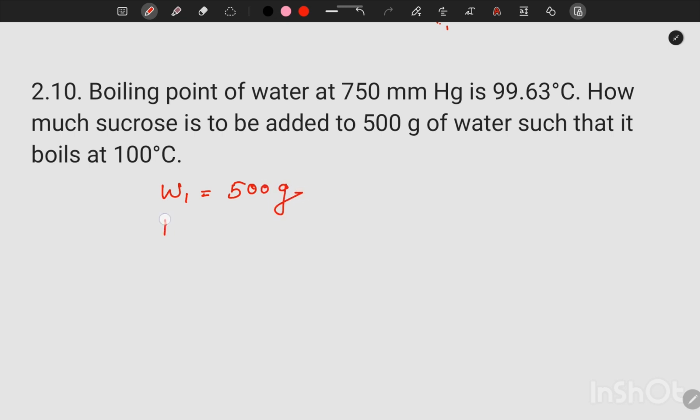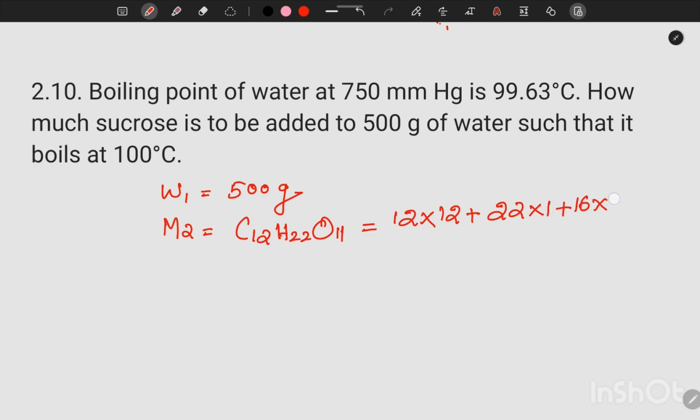Molecular mass of sucrose M2, its formula is C12H22O11. So we have 12 carbon, 12 into 12, 144 plus 22 hydrogen, 22 into 1 plus 16 into 11. When we simplify, we will get 342 gram per mole.